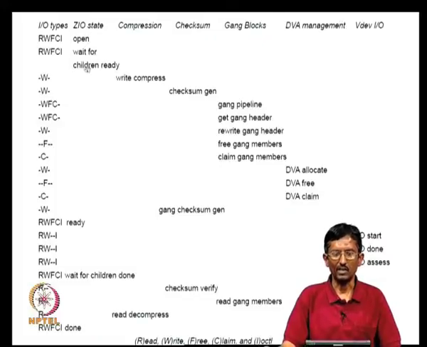So there are multiple phases, and each of these reads and writes actually goes through those phases. That is basically the way they have done it.